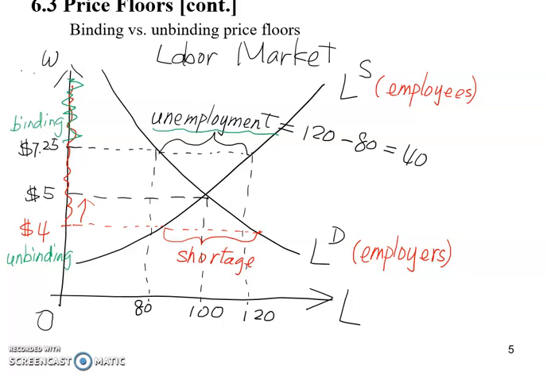Remember, these 40 units don't have to be there, because once we remove the minimum wage, we're going to see the unemployment go away.